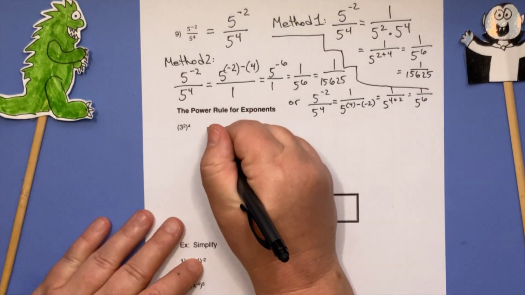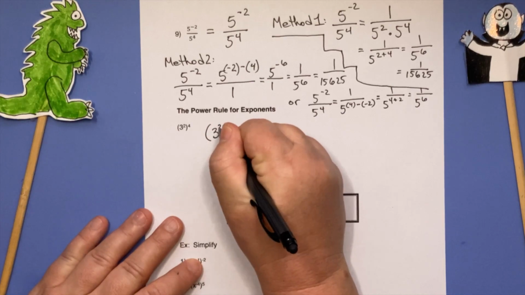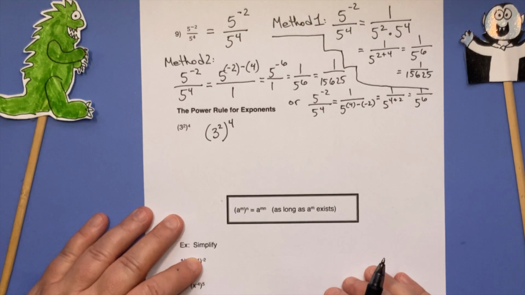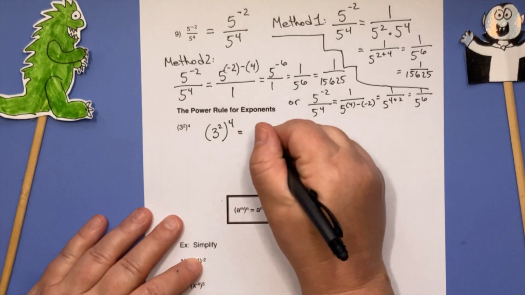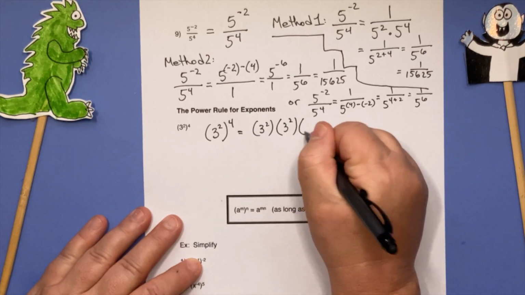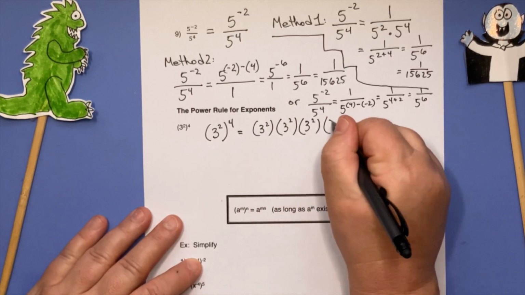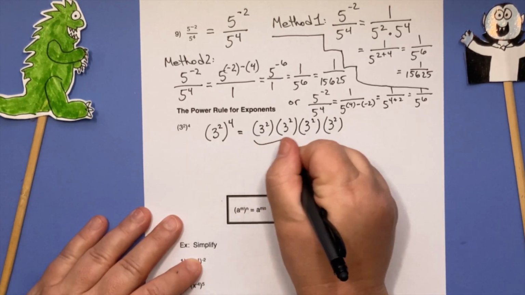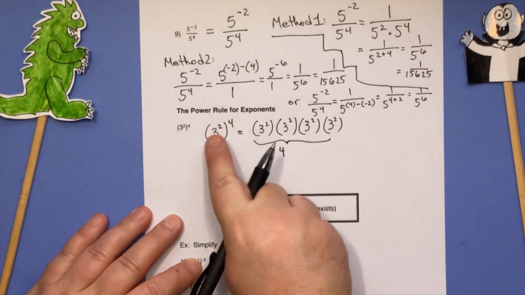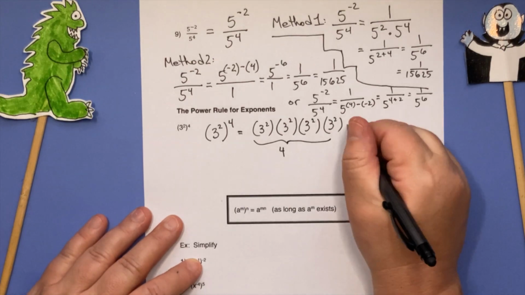Well, it means that if I have 3 squared to the 4th power, what does that equal? Well, that's going to be 3 squared times 3 squared times 3 squared times 3 squared, right? There should be 4 of them, right? Because it's 3 squared to the 4th power.